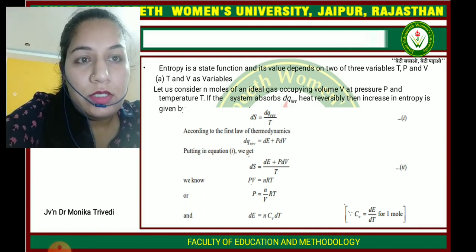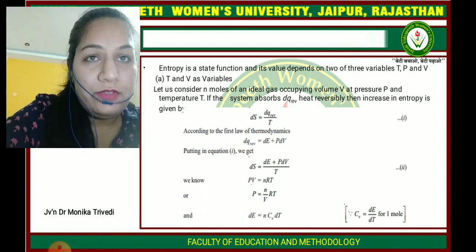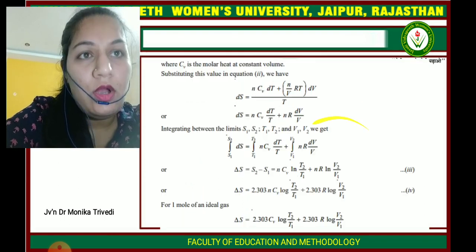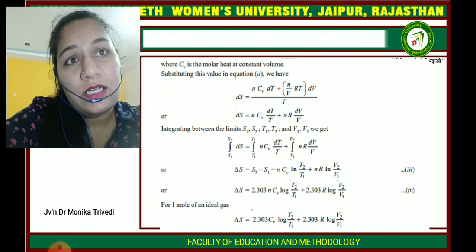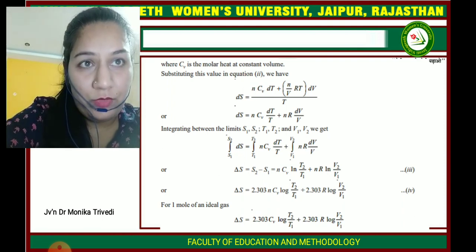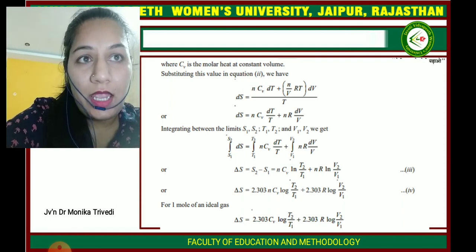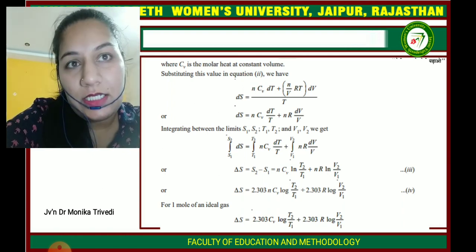So dE = n Cv dT, or Cv = dE/dT for 1 mole, where Cv is the molar heat capacity at constant volume. By substituting this value in equation 2, we get dS = (n Cv dT + (nRT/V) dV)/T.